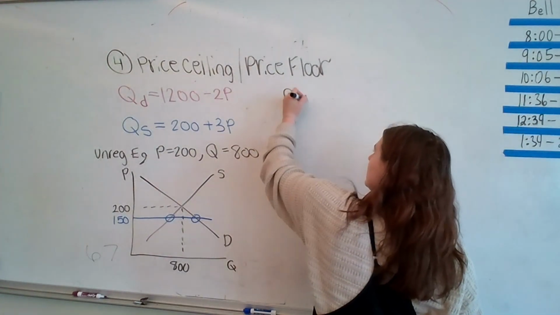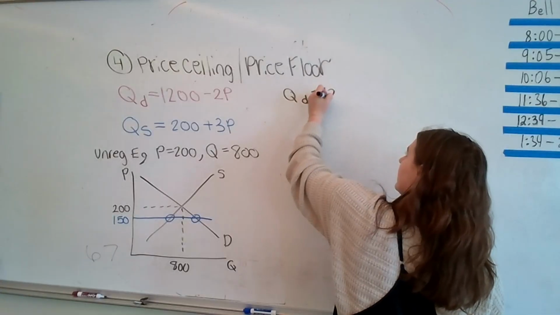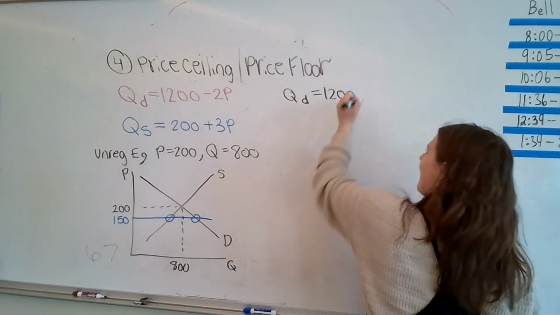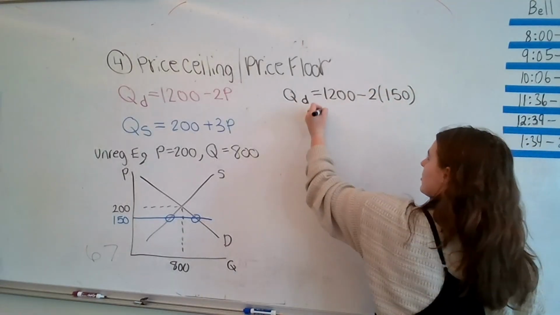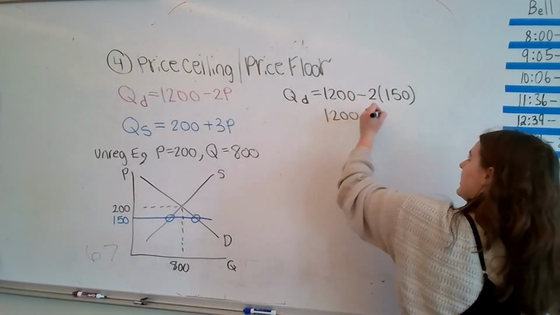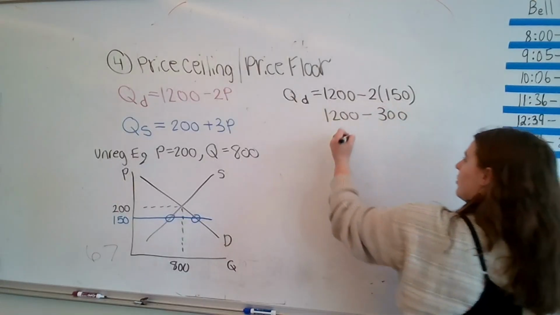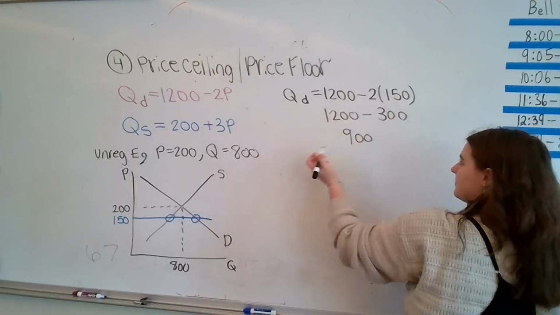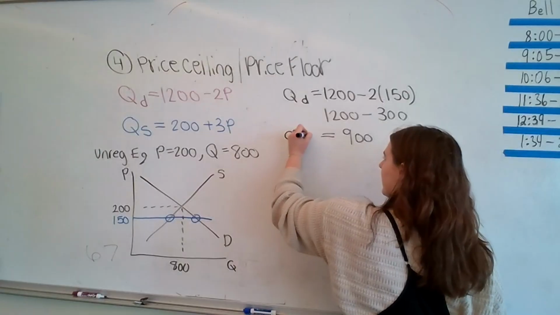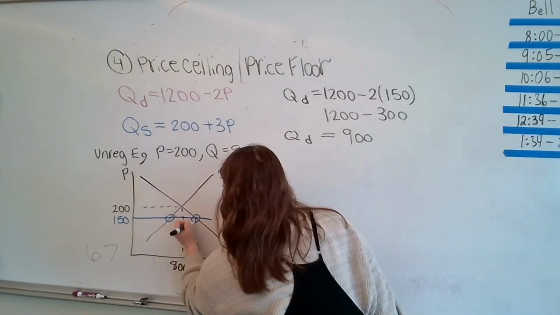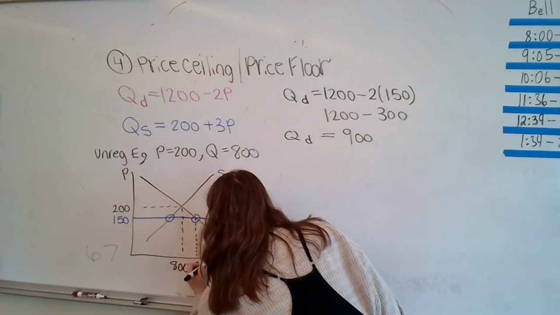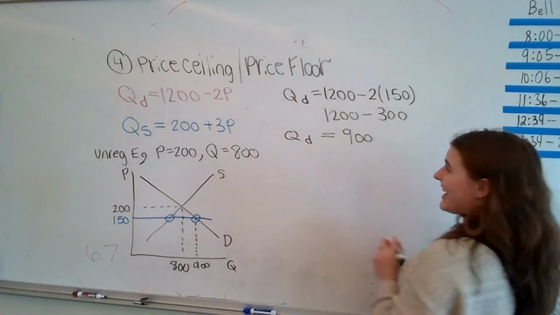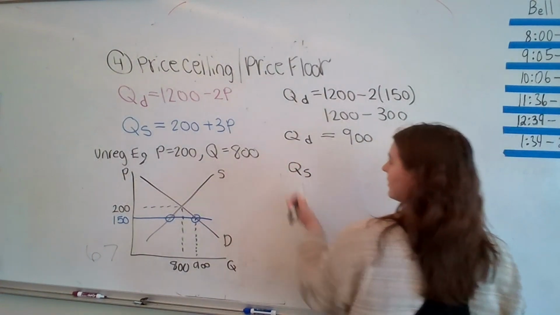That'll give us QD equals 1200 minus 2 times 150. So 1200 minus 300 or 900. That's our quantity demanded. Do the exact same thing for quantity supplied.